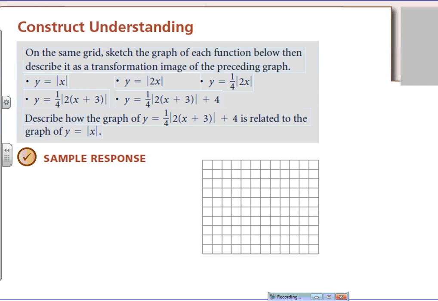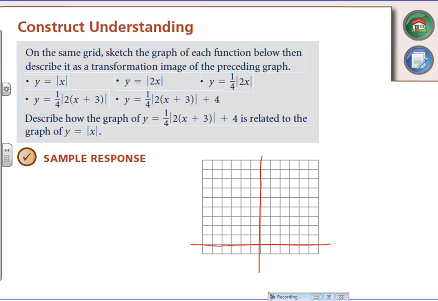Let's start with our original. Just looking at what's going to happen here, I'm going to put my axes straight down there, and I'm going to put it way down at the bottom here for the other axes. I suggest you do the same.